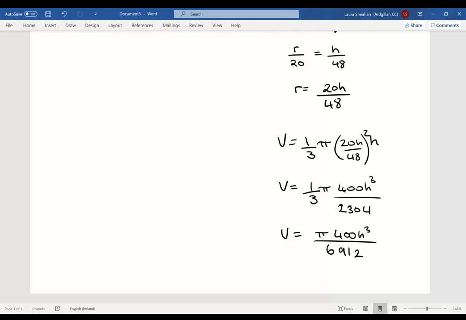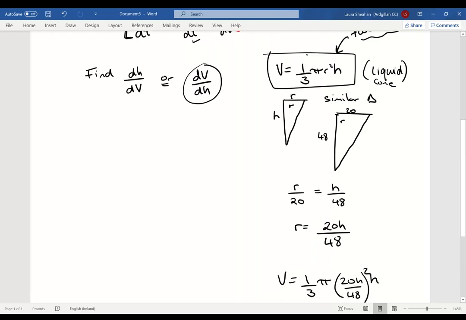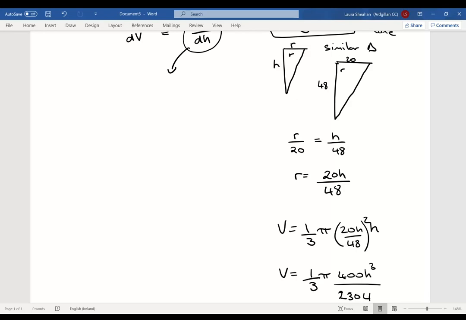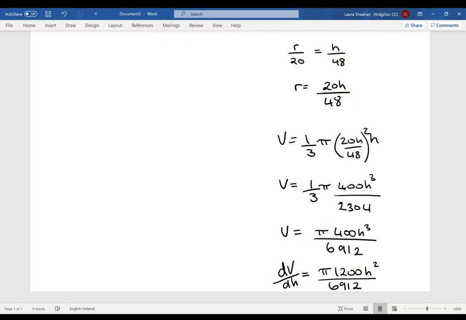Calculator. So now I want dV/dh, which is just differentiating the h cubed, so the 3 comes in front. 400 times 3 gives pi times 1200 h squared over 6912. So this is my value for dV/dh.